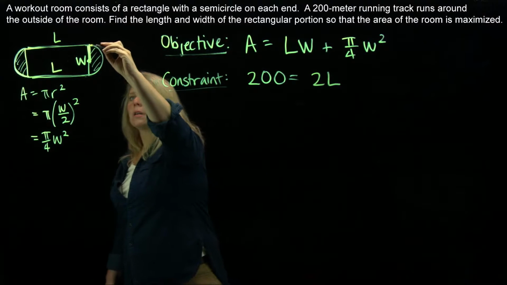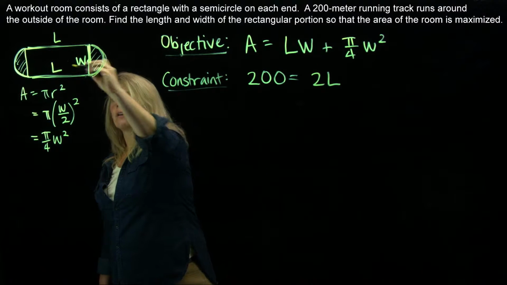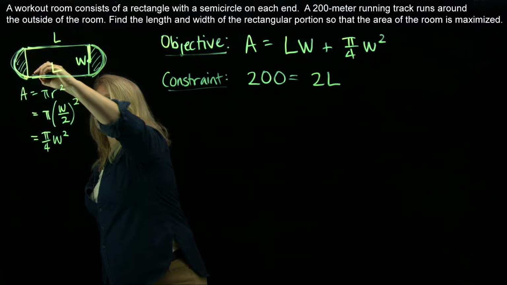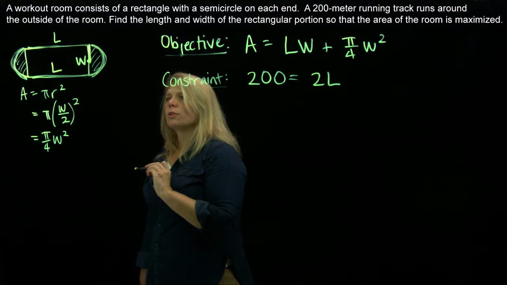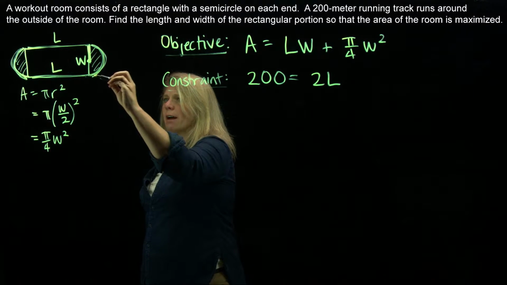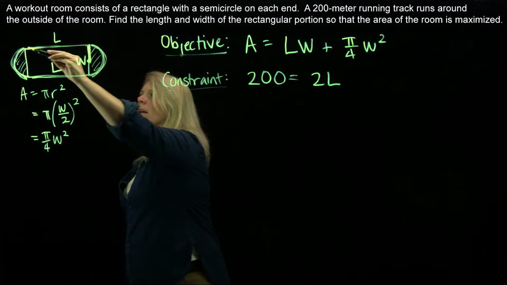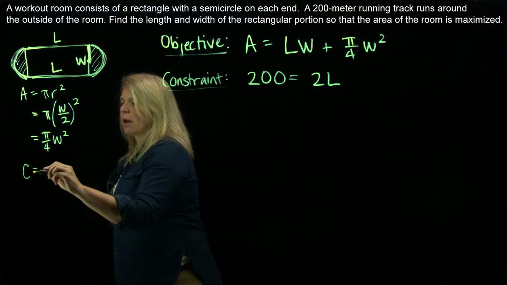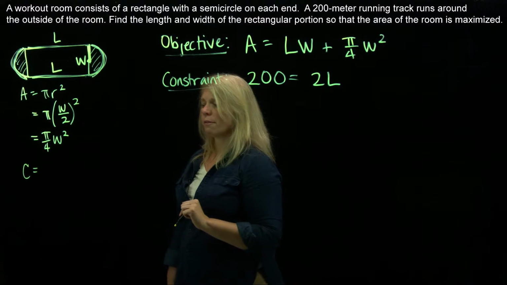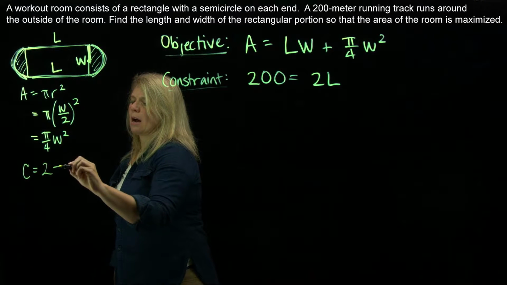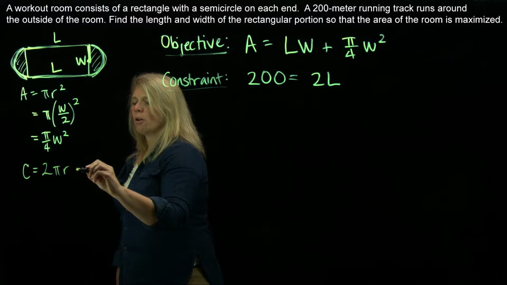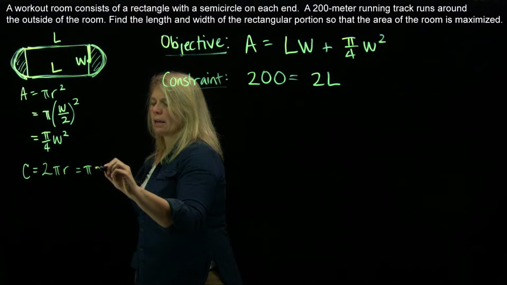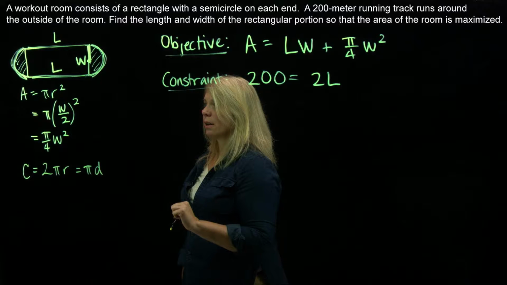And then I have two sides of that track around the curves of the track here that would be a circumference of a circle. I have half a circumference of a circle here and another half of a circumference of a circle here. So you might remember a circumference formula for a circle, 2 pi times radius, or that's the same thing as pi times the diameter of the circle.